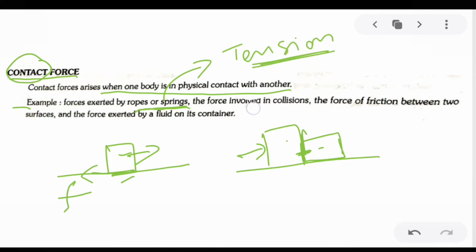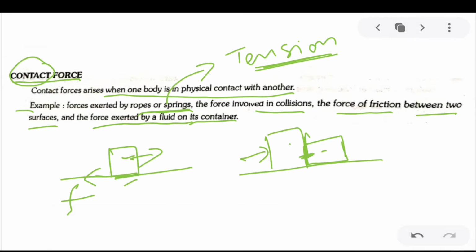Other examples are the force involved in collisions, the force of friction between two surfaces, and the force exerted by a fluid on its container, that is the upthrust, which you have learned in the chapter Mechanical Properties of Fluids. So these are a few examples of contact forces.